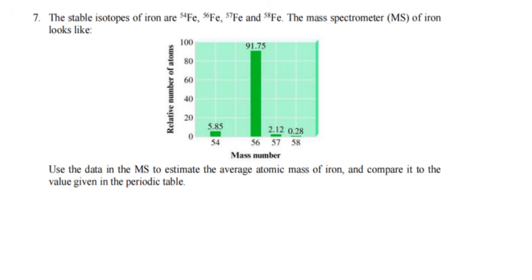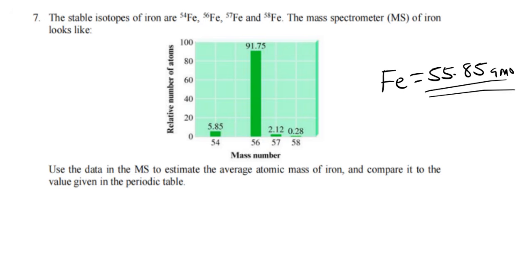So what then is the value for iron on the periodic table? The periodic table value for iron is about 55.85 atomic mass units.